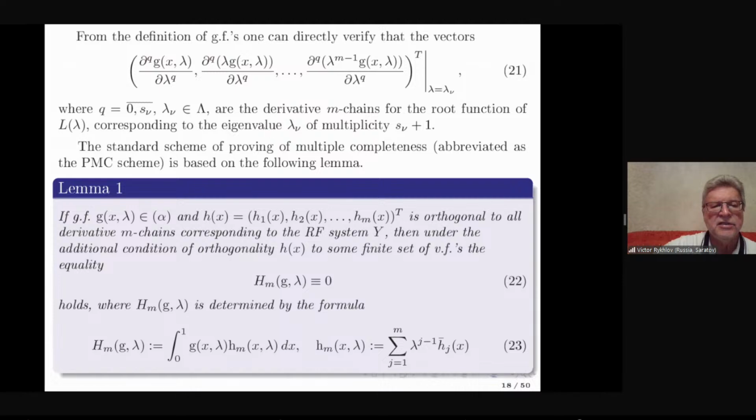then under the additional condition of orthogonality of h of x to some finite set of vector functions, the equality 22 holds, where h m j of lambda is determined by the formula 23.